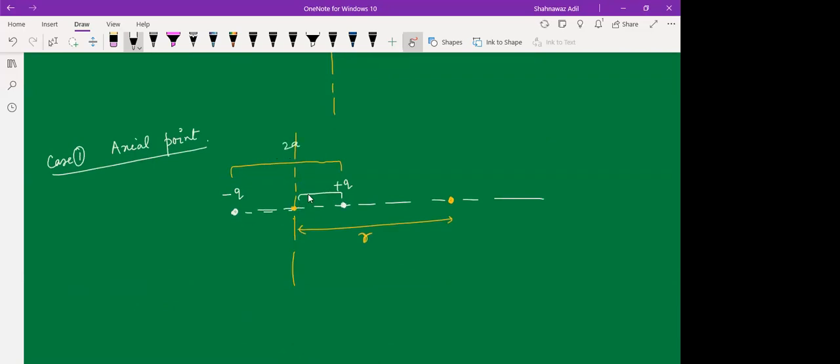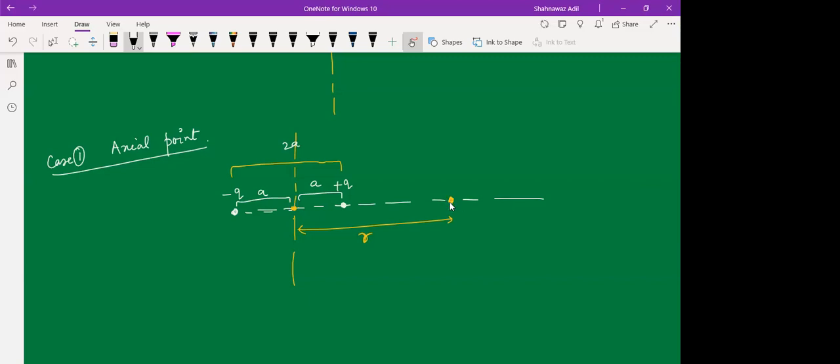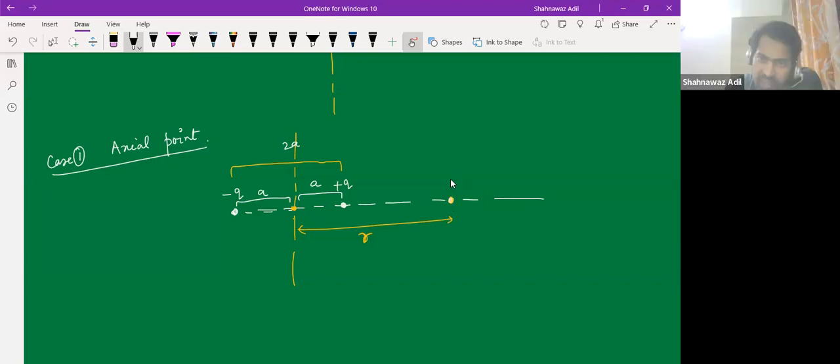So 2A is the whole distance, A and A from the center. Clear, guys? Yes, sir. So we are calculating the electric field at this P point.